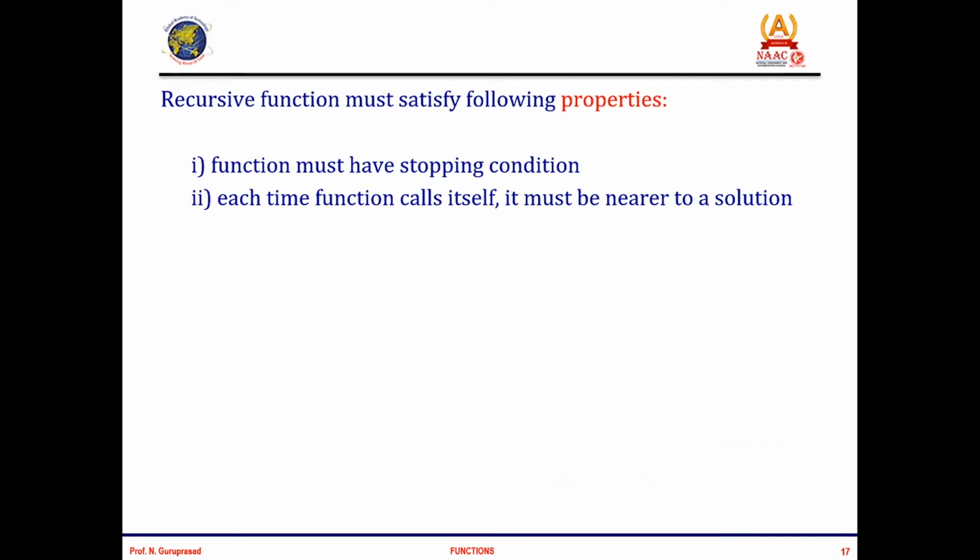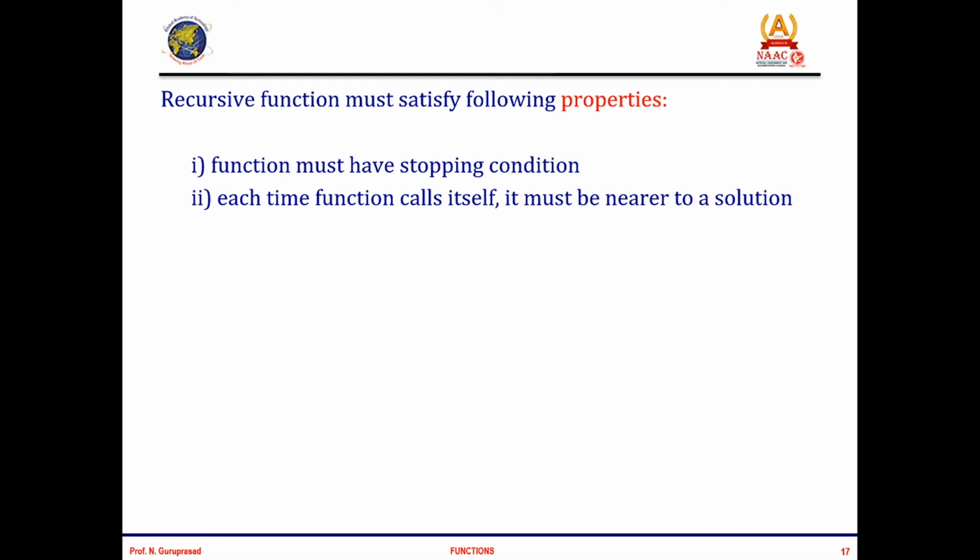So let us have a look at the properties of recursion. Recursion should satisfy two properties. As a programmer, whenever you attempt to write programs using recursion, you should keep these two properties in mind. The first property is that it should always have a stopping condition. Please understand, otherwise your code will go into an infinite loop. What do we mean by a stopping condition?